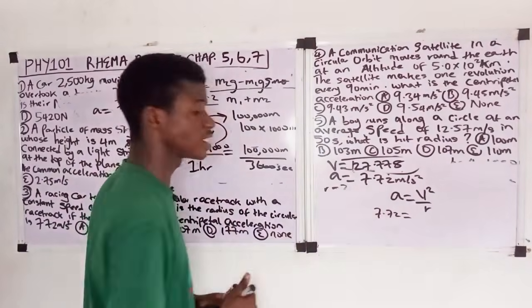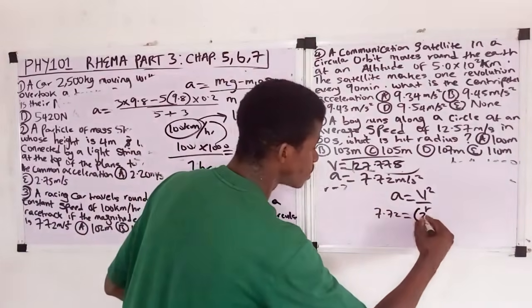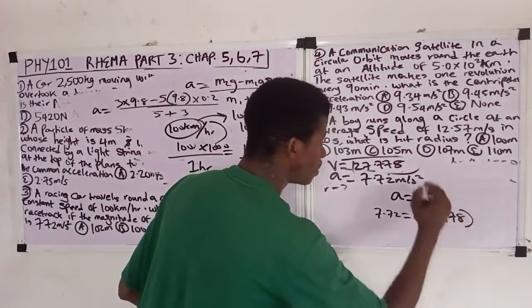Let's continue. Our acceleration is 7.72, then the velocity is 27.778, all squared.